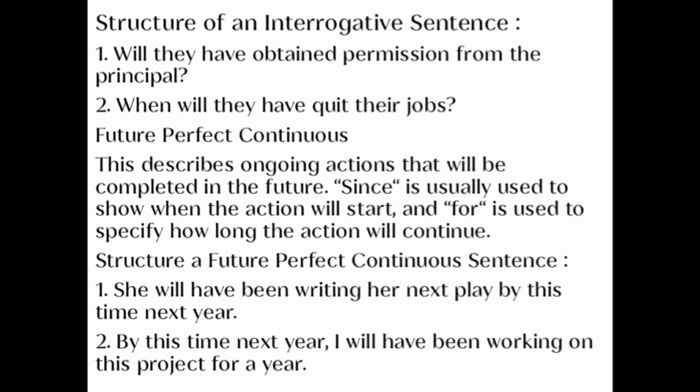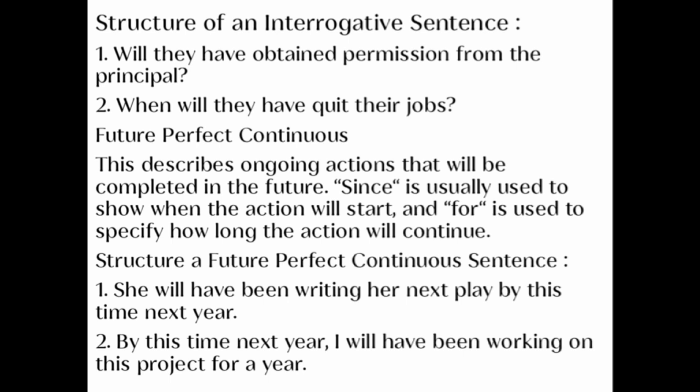So will have been is an auxiliary verb, and it is also including a present participle. Then we have, by this time next year I will have been working on this project for a year.